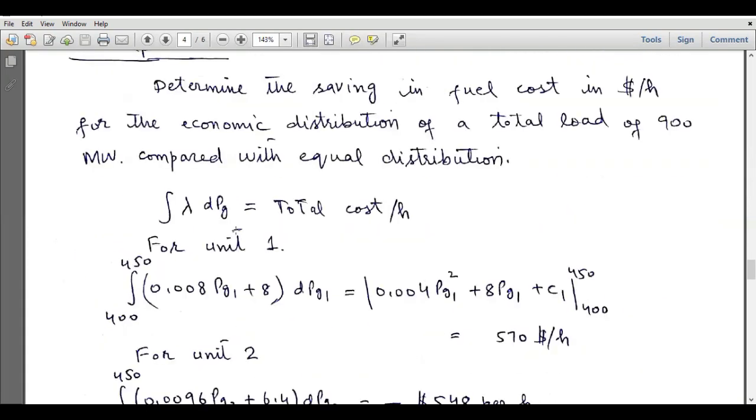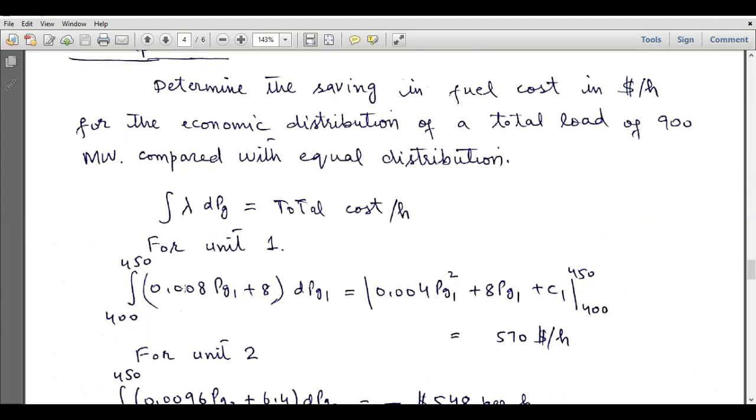So let's evaluate this. We have to integrate lambda with respect to PG, and this integration will give us the fuel cost function. So we have to integrate the incremental fuel cost function and then we will get the fuel cost function.